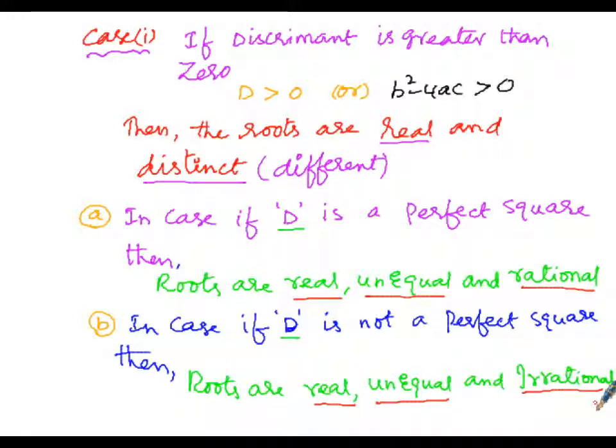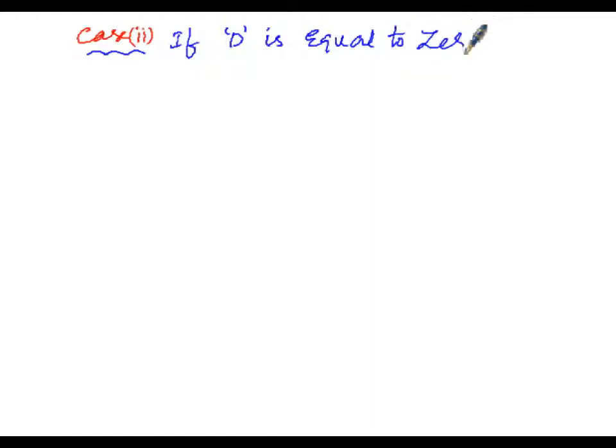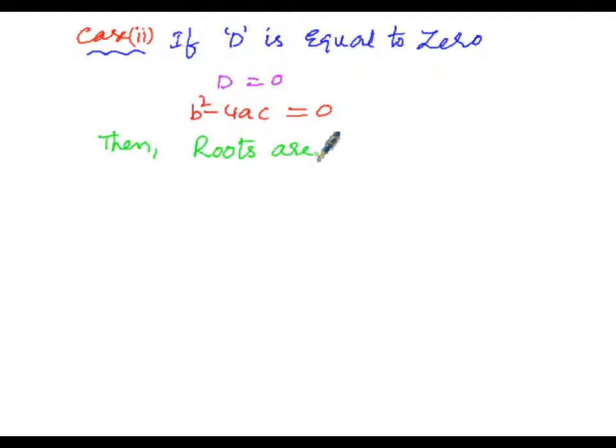Now we are going to discuss case number 2. In this case, if the discriminant value D is equal to 0, mathematically D equals 0, that is b square minus 4ac equals 0, then the roots are real and equal.